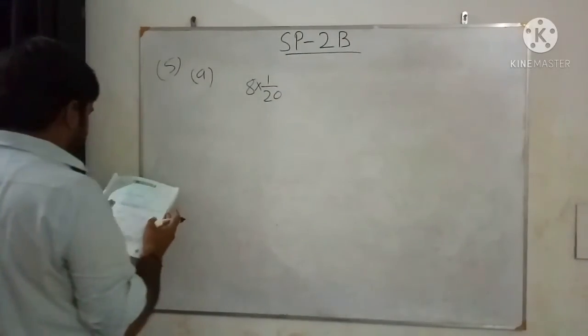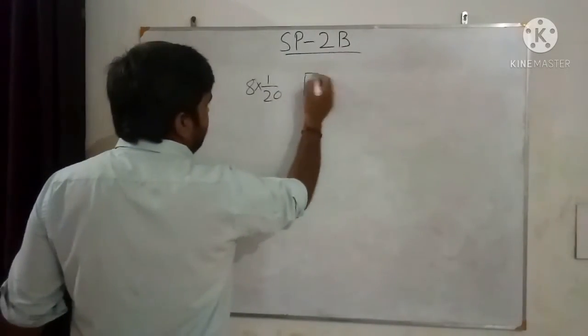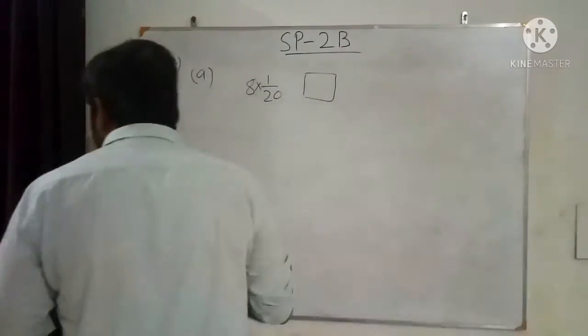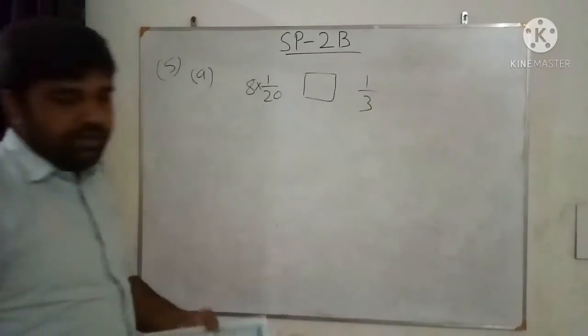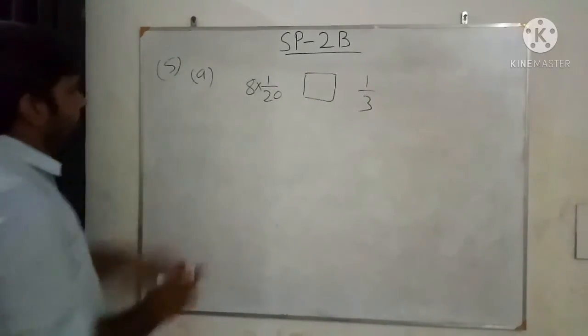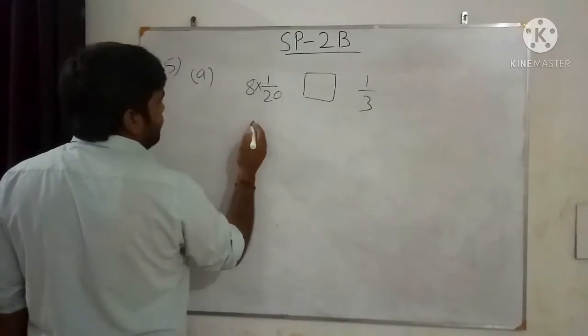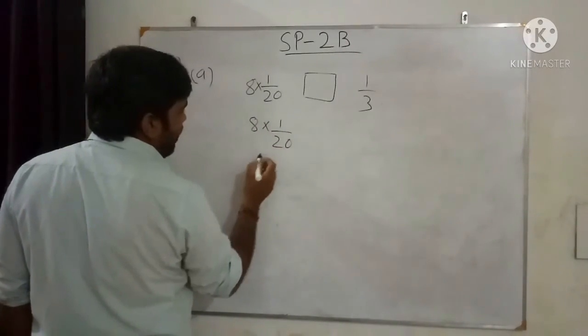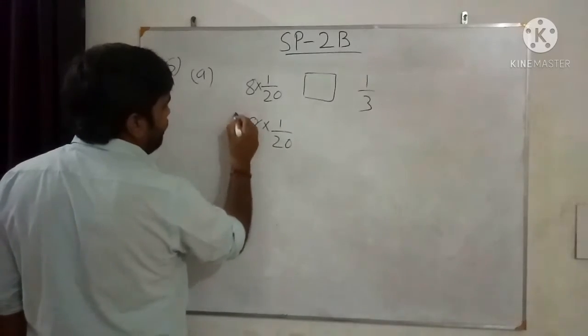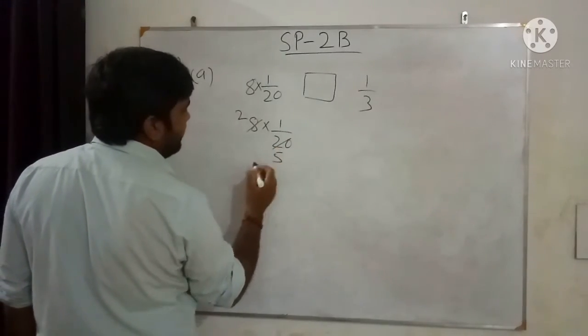Here in the box we have to fill the symbol less than, greater than, or equals to 1 by 3. So first you solve the value, this left hand side you solve it. So 8 multiply 1 by 20 means what you are going to get? Common factor for 8 and 20 is 4. 4 2 is 8, 4 5 is 20.